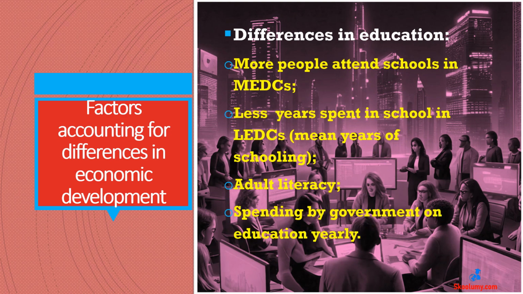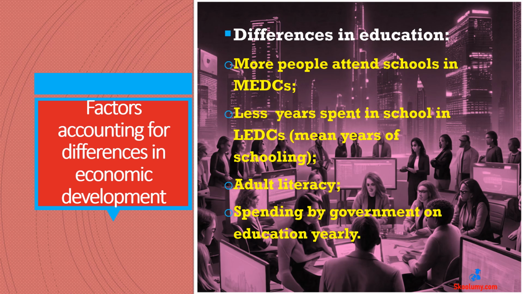Differences in education. Education is one of the indicators of economic development. In more economically developed economies, children spend more years in schools. The adult literacy rate is also higher than what is obtainable in less economically developed economies.